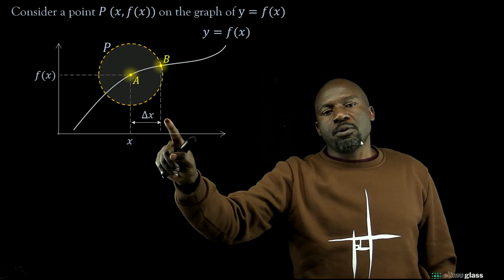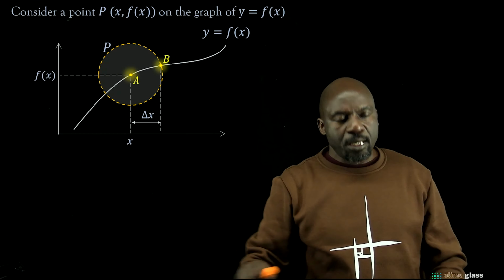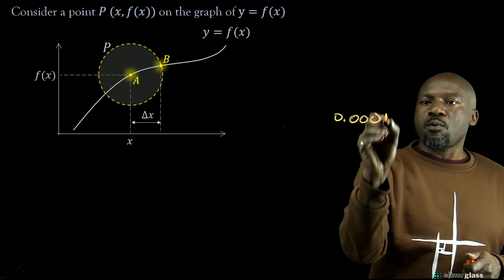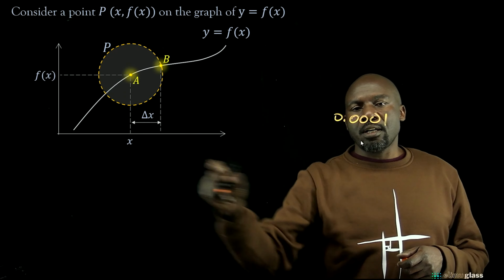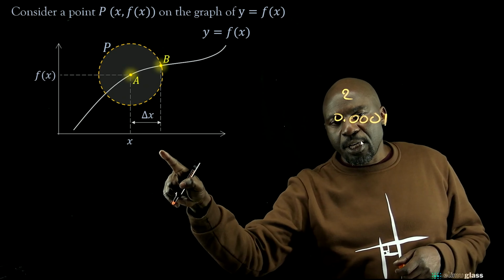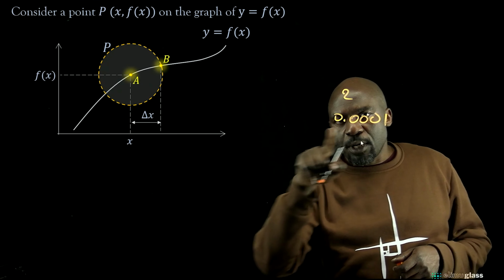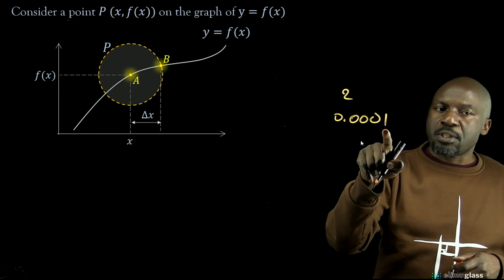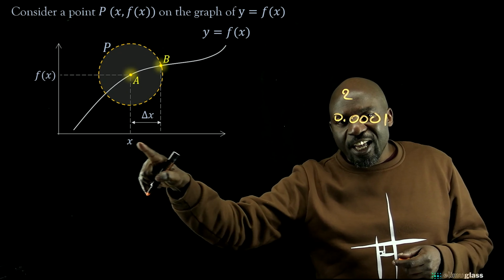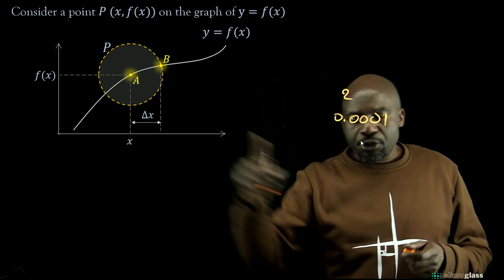Suppose that delta x is 0.0001, and suppose that the value of x is maybe 2. Then the value here is going to be 2 plus 0.0001. And so the coordinates of this point are going to be x plus that little change, delta x.